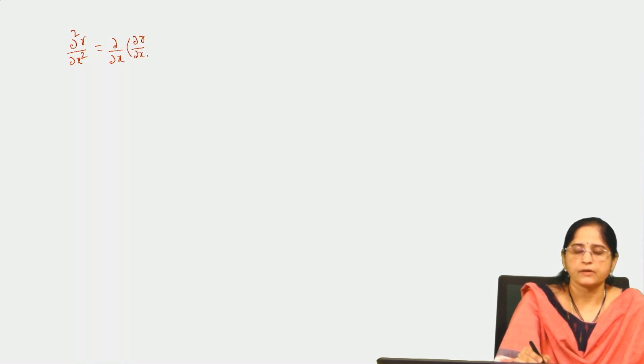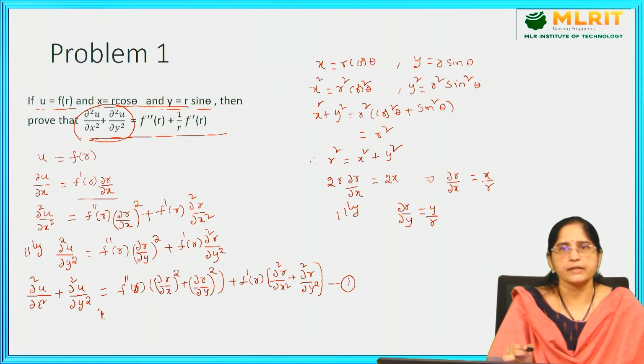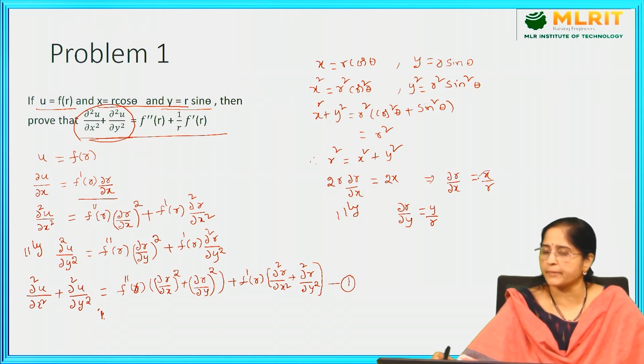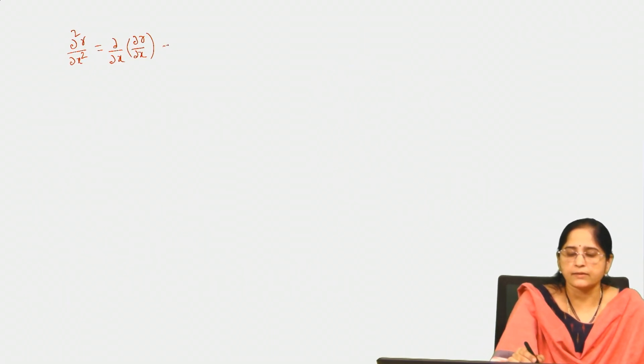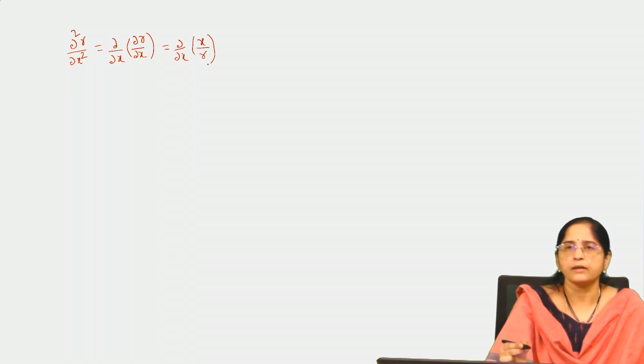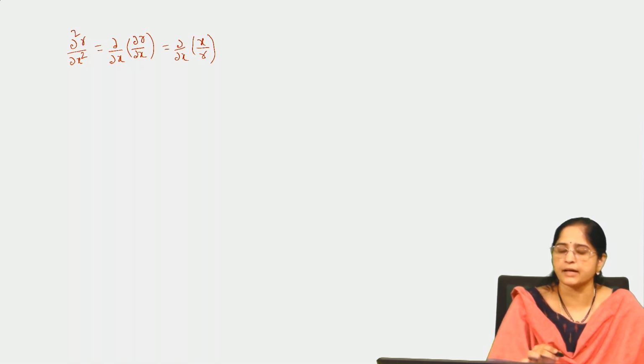Dou square r by dou x square is nothing but dou by dou x of dou r by dou x. Dou r by dou x is x by r. So, this is dou by dou x of x by r. Here, x is a function and r is also a function of x comma y.